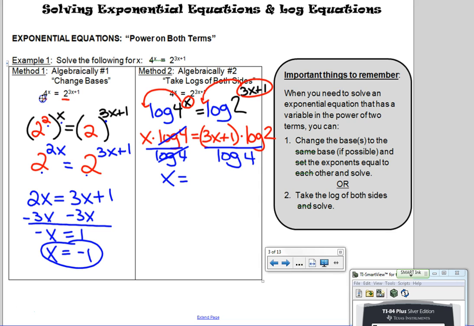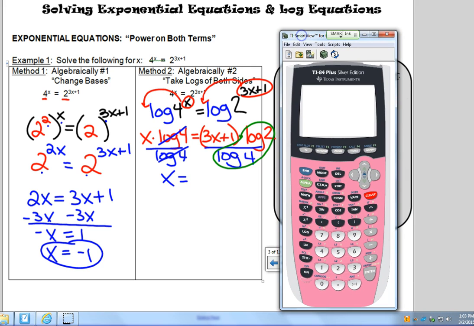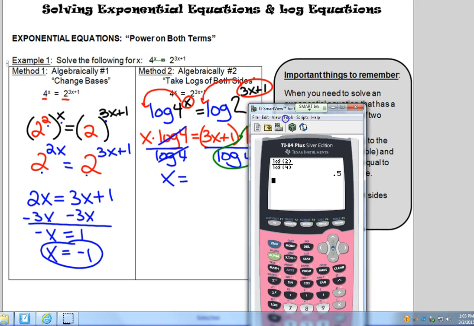Now on the other side, because we have a times here, we can actually reduce these two. And we can use our calculator. Okay, so log of 2 divided by log of 4 is 0.5.